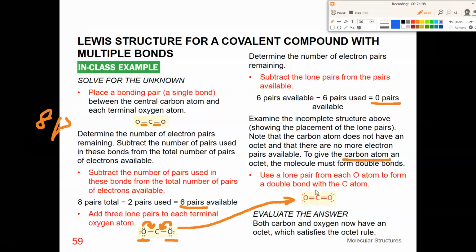Then we check central carbon. Carbon has 2, 4, 6, 8 electrons, right? So now all the carbon and oxygens have a satisfied octet. So this should be the Lewis dot structure for carbon dioxide.